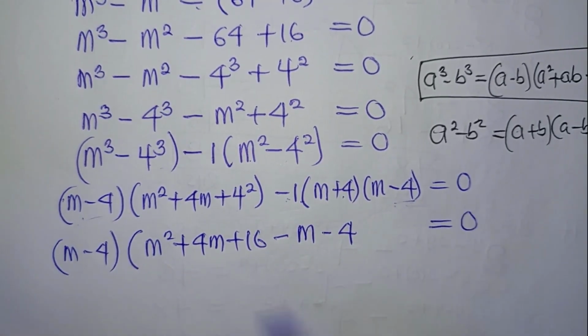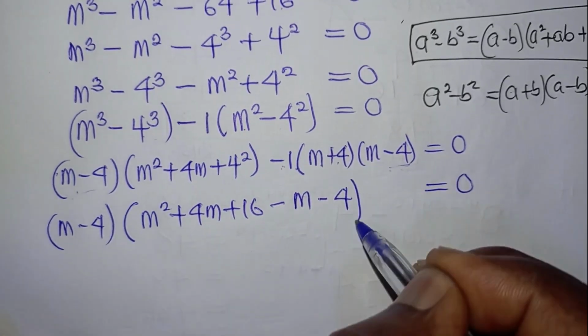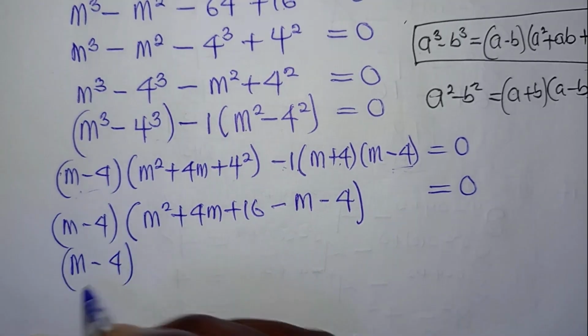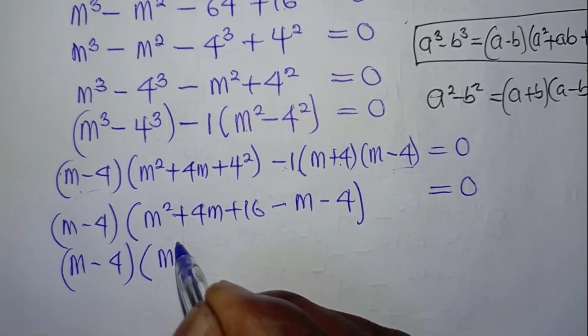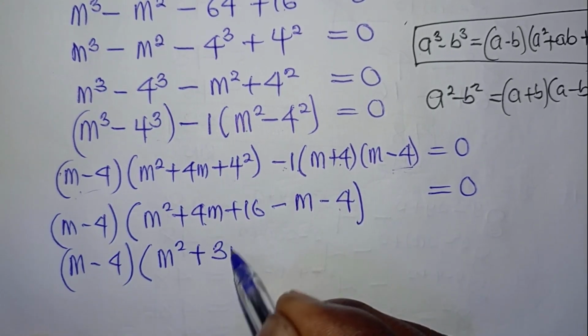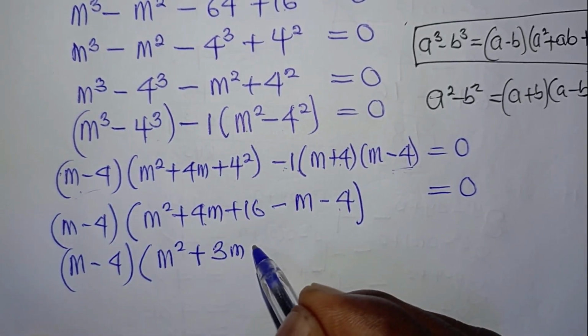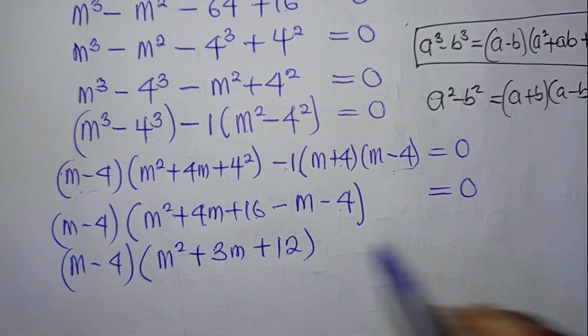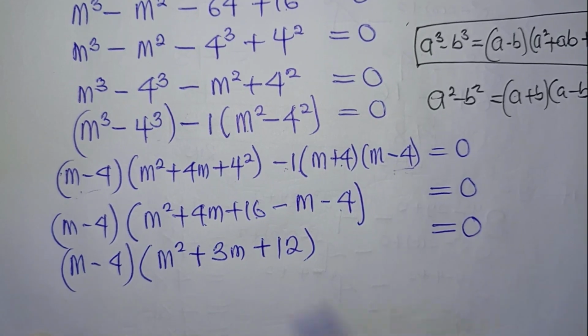So equals to 0. So here, we have (m minus 4) times (m squared plus 4m minus m, which gives us 3m, plus 16 minus 4, which gives us 12), and this will be equated to 0.